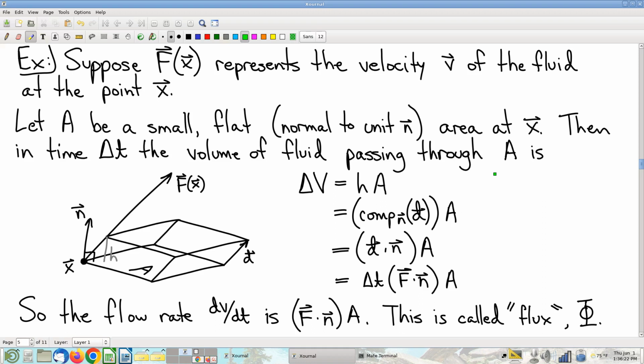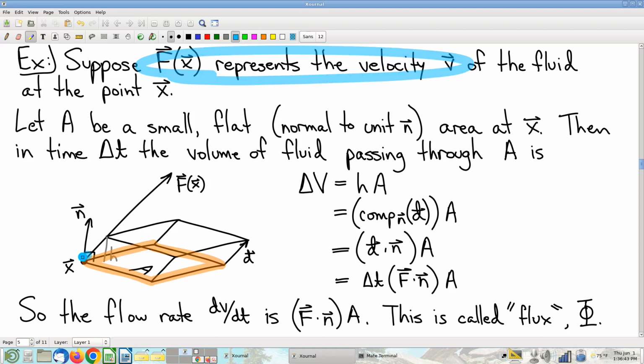Again, starting with the assumption that my vector field represents the velocity of the fluid at any given point, here's the reasonable question. If I have a surface, and the fluid is flowing, keep in mind the vector field represents the velocity of the fluid as it flows, how much volume of fluid per unit time is passing through that surface?